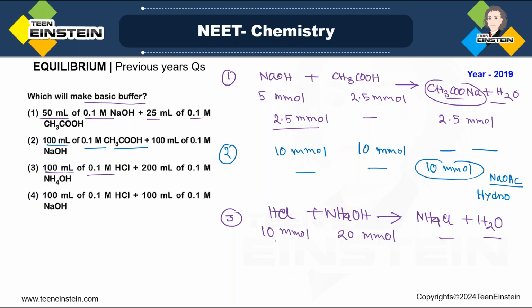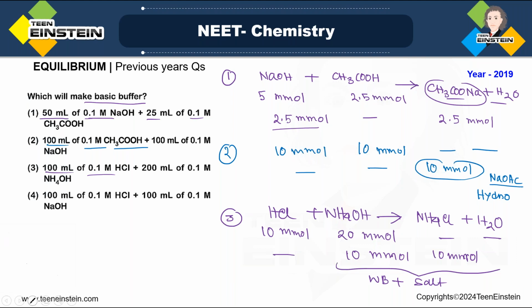This is not present on the right hand side. Here HCl is the limiting reagent, some NH4OH is extra, and NH4Cl produced will also be 10. Now this mixture of NH4Cl and NH4OH is actually a mixture of weak base and its salt. This is actually our basic buffer, isn't it? So that is why this should be the correct answer.